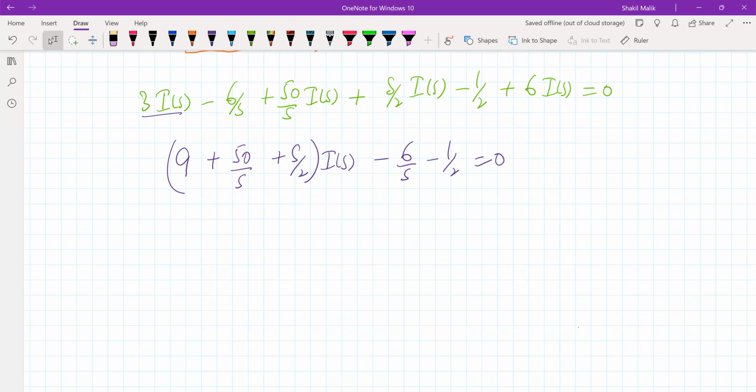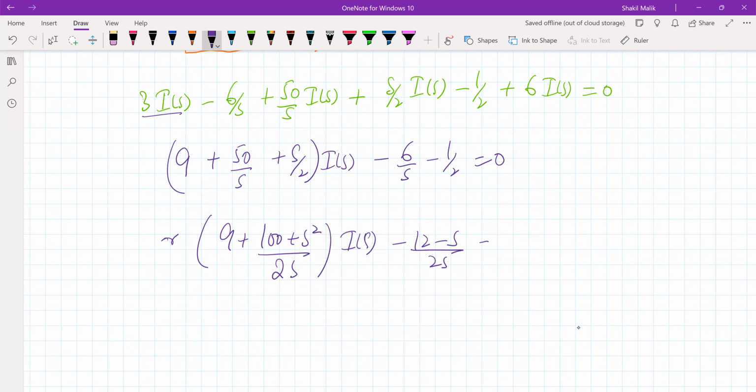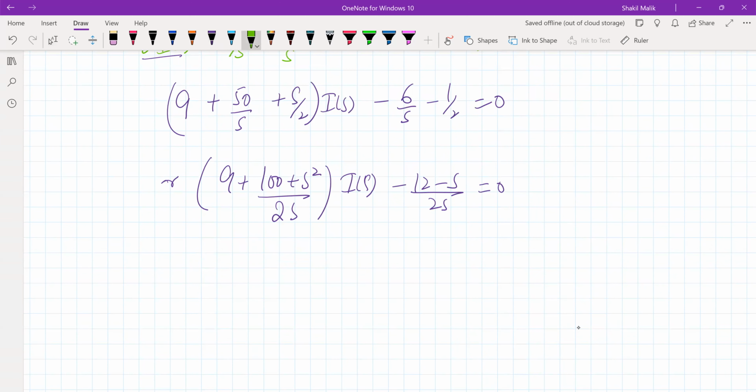Arranging these terms by cross multiplying, we get 18S plus 100 plus S squared, times I of S divided by 2S. This I will take on the right hand side, so it will be S plus 12 divided by 2S. You can see 2S and 2S will get cancelled.